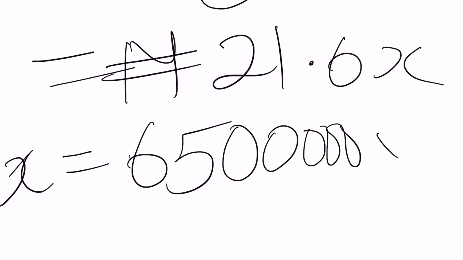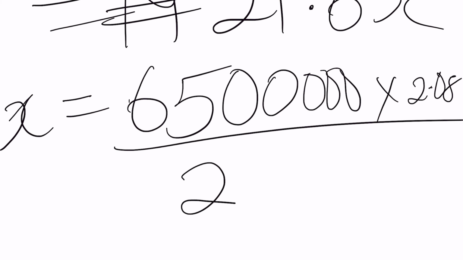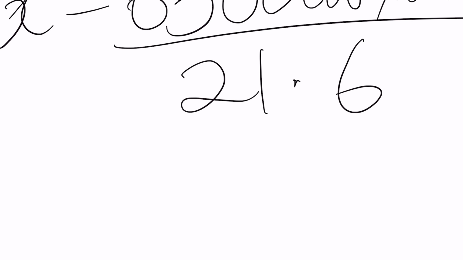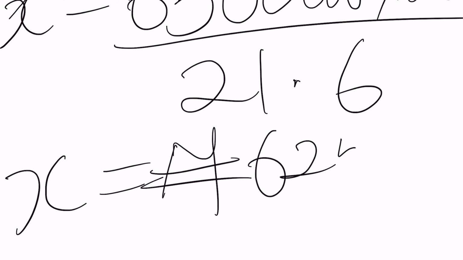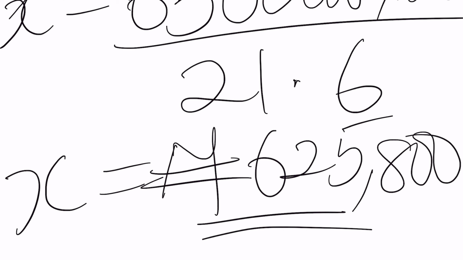Now, to find the value of x, our x will now be 6,500,000 times 2.08, which is the total interest of 15 years, the rate for 15 years, over 21.6. So solving using our calculator, we have our x to be 625,800 naira.